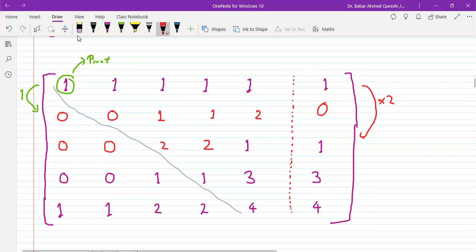And 2 plus 1, I get a 3. And again, 2 plus 1, 3. I think I'm not going to complete it. I'm just going to do this first step to show that I'm bringing zeros over here, then I'm just going to tell you the answer.